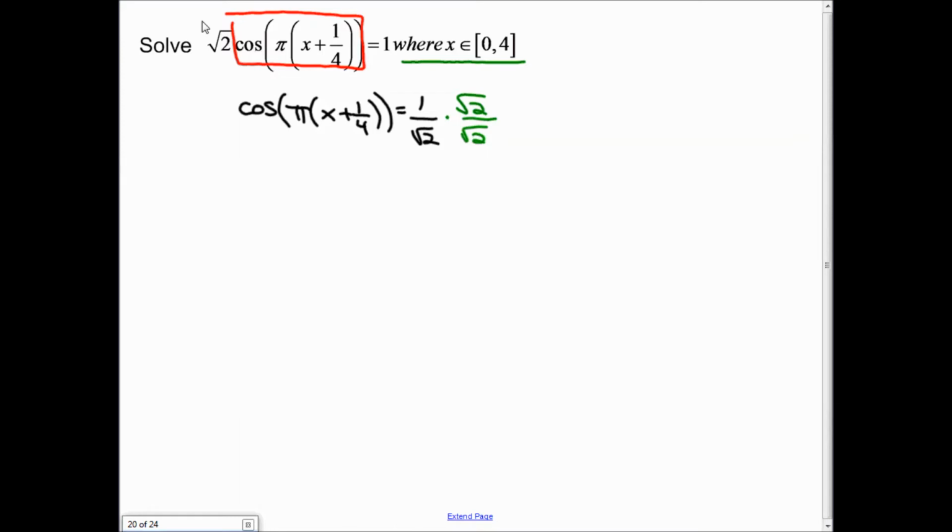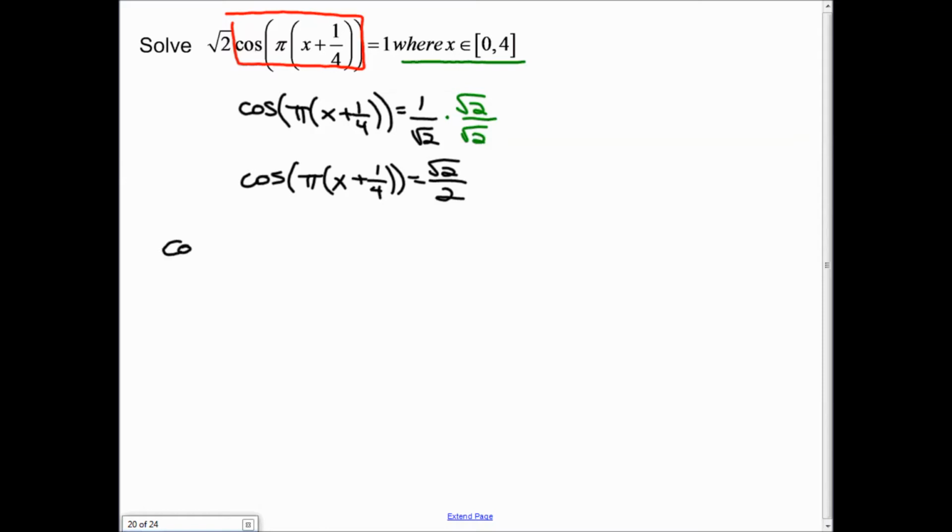What we'll find is that we end up with cosine of pi times (x plus 1/4) is equal to the square root of 2 over 2. And now this you can easily find on your unit circle. You'll notice that the angle value when the cosine is root 2 over 2 is at pi over 4.